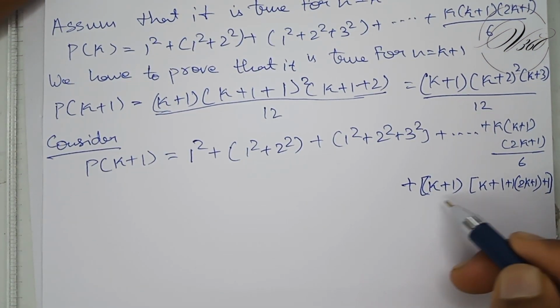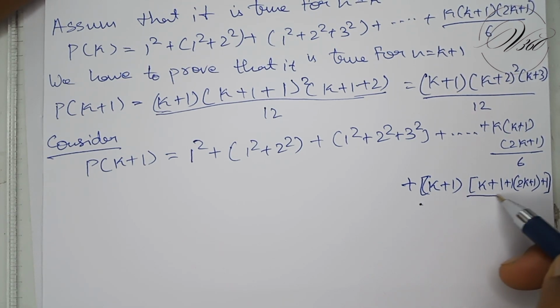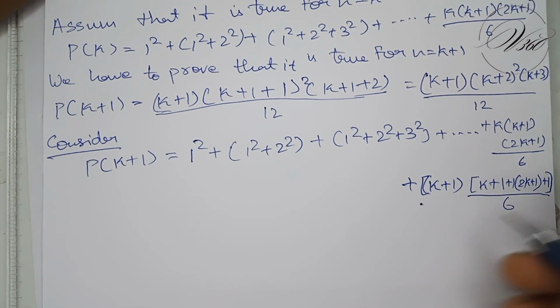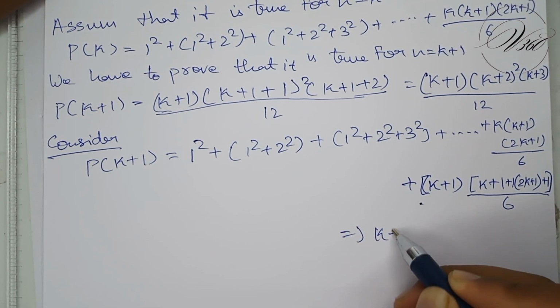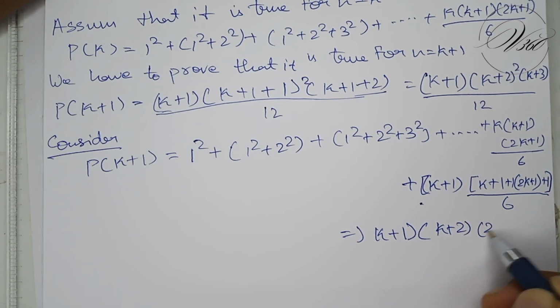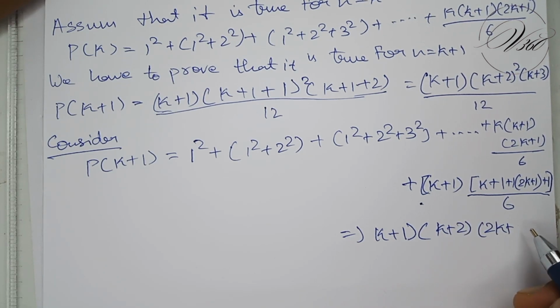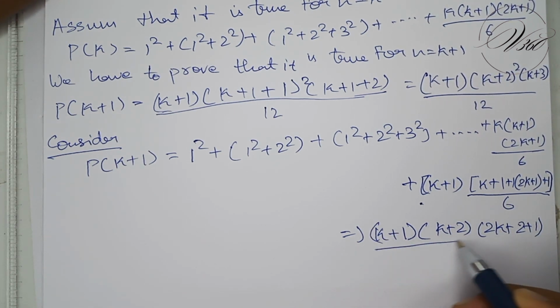Plus, no, it is not whole divided by, from here to here only, by 6. Now we can write it as k plus 1 of k plus 2 of 2k plus 2 plus 1 by 6.